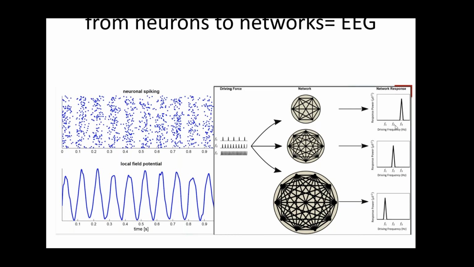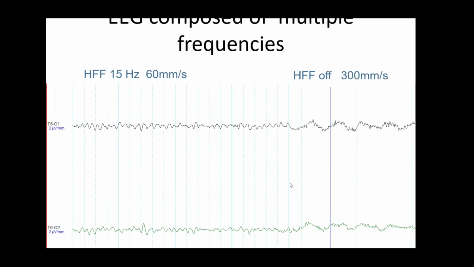In this case, you depict the fast frequency. If you have a medium-sized network, the frequency of the oscillatory activity will be in the medium frequency range. And a very large network is only capable of producing a slow frequency. So when you see your EEG, you will see a composition of multiple frequencies.